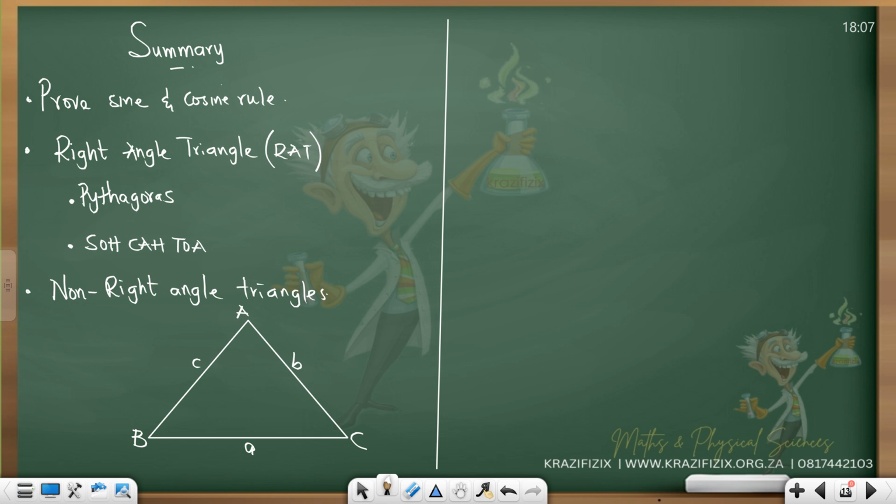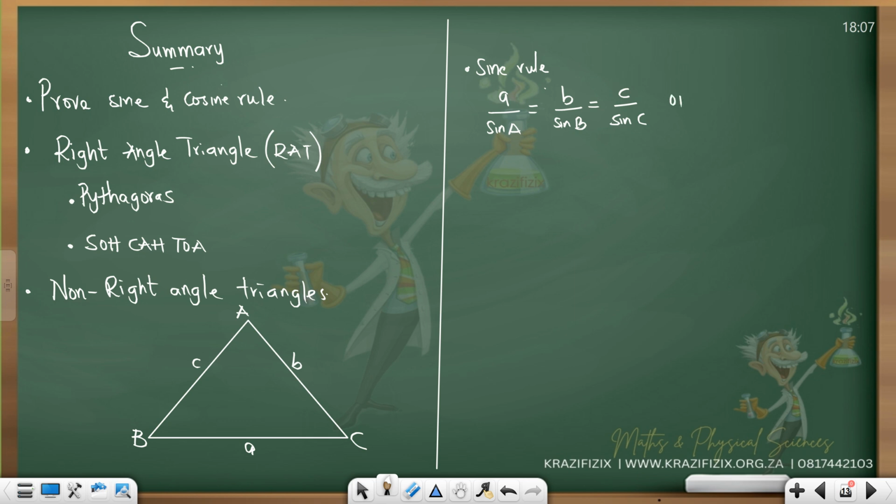When we see that, we can no longer apply Pythagoras, neither can we apply SOH CAH TOA. This is where we now apply our sine rule. And what is our sine rule? a over sine A equals b over sine B equals c over sine C. Some of you may be wondering, but my teacher said sine A over a.